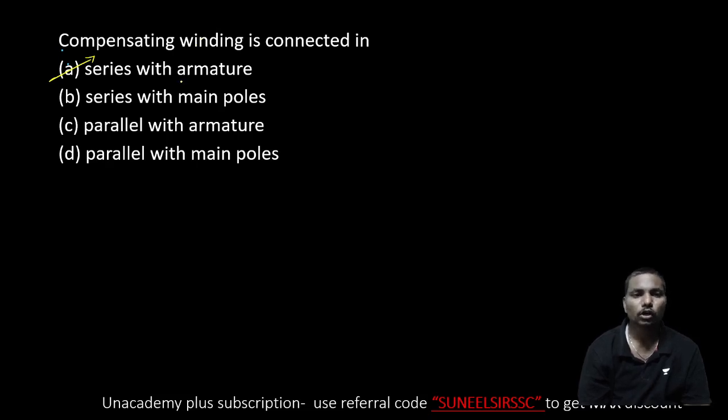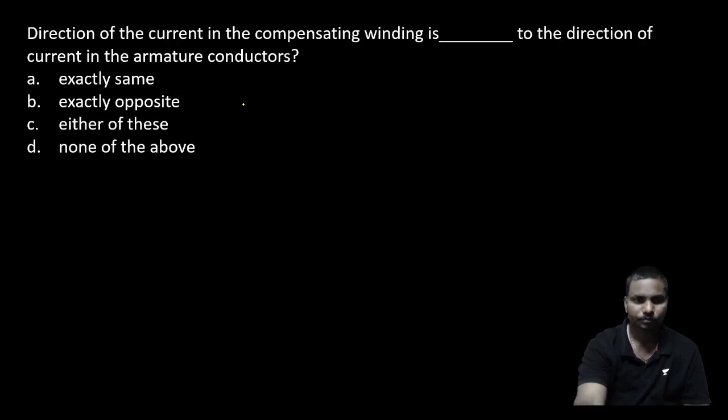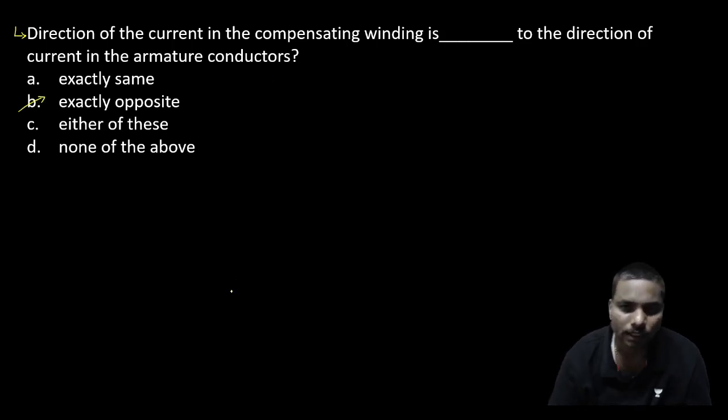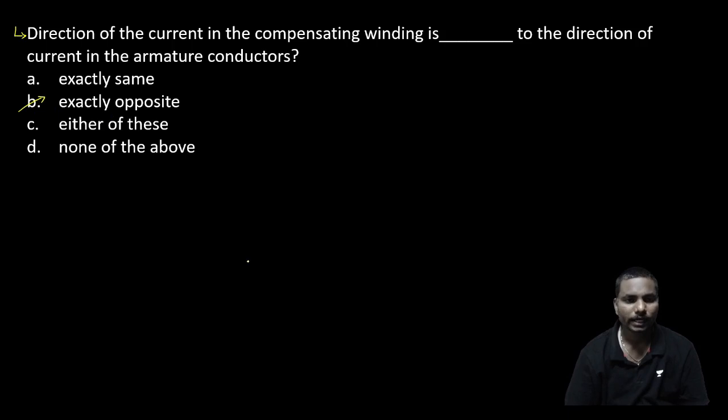So then only it will provide the counter flux, then armature flux will be reduced. Here they have given the question: direction of the current in the compensating winding is dash to the direction of the current in the armature conductor. It is exactly opposite. Then only that armature flux will be neglected.